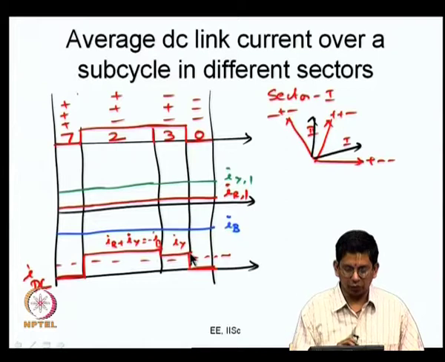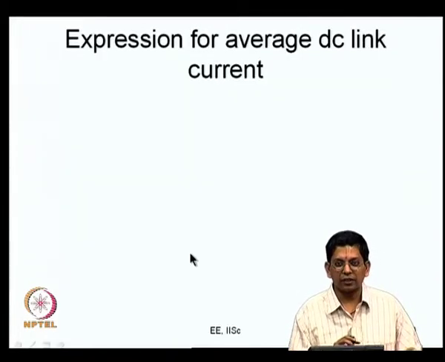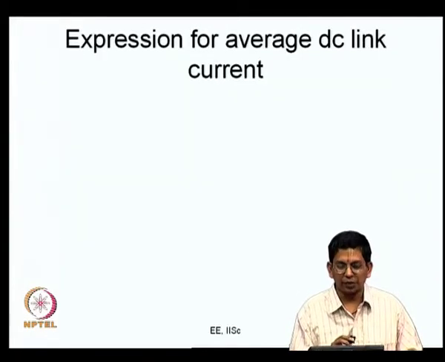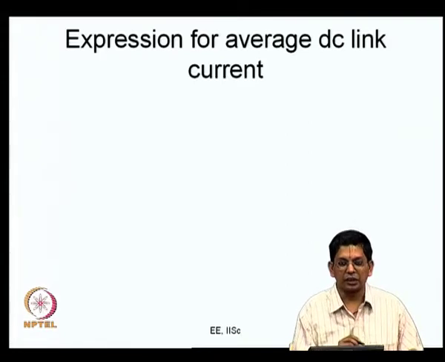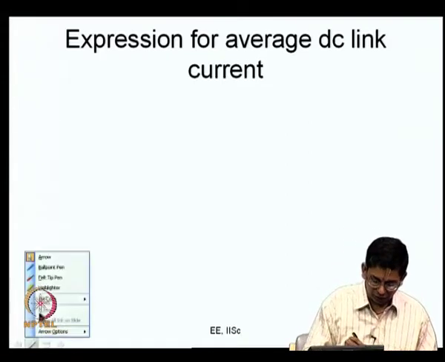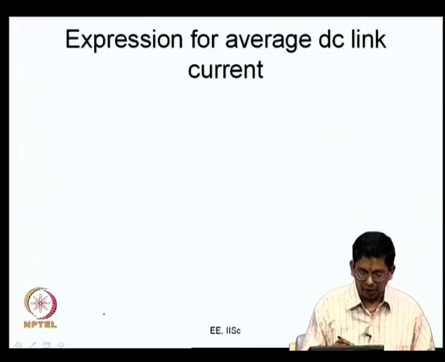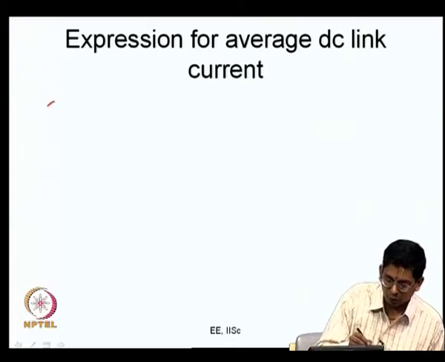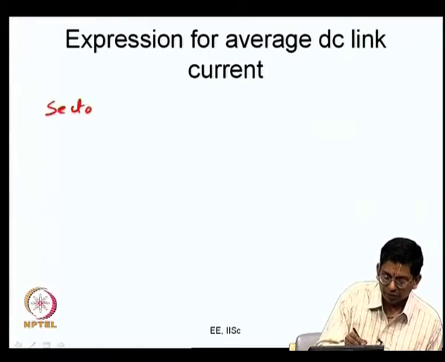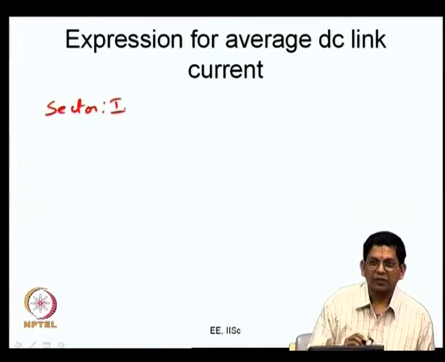So, this is what we have now come to. So, we can just start going into the expression for an average DC link current now. Let us start writing down an expression. So, what did we find? Let us say taking the case of sector 1, any sector you can consider. Let us consider the case of sector 1.